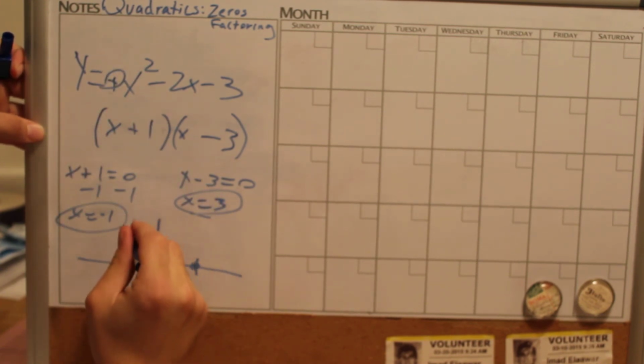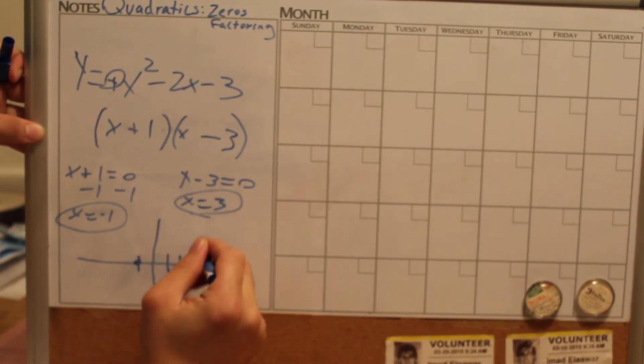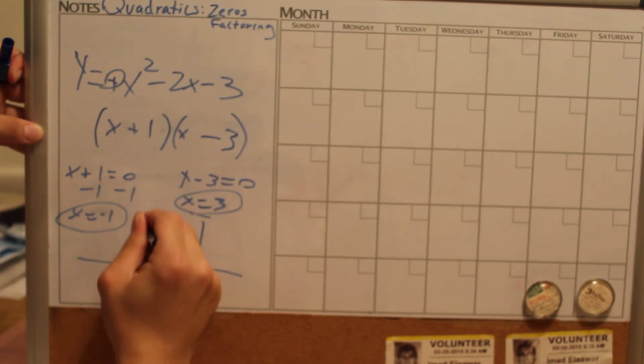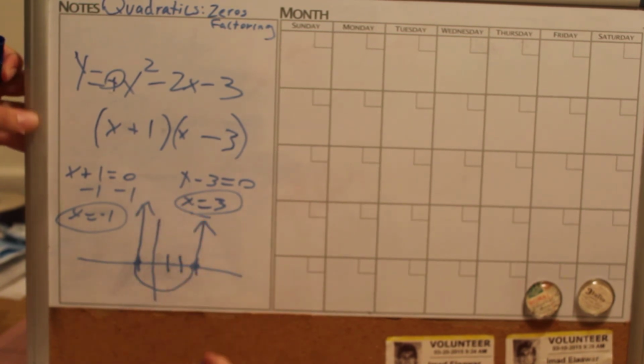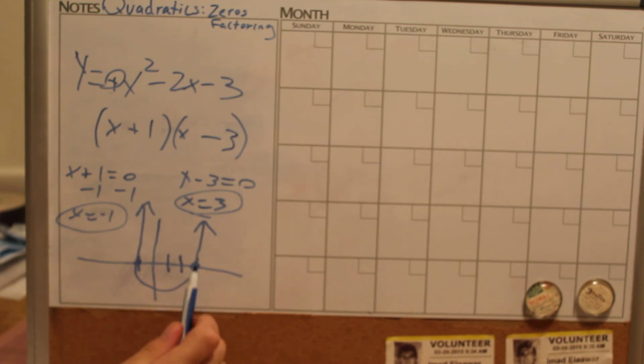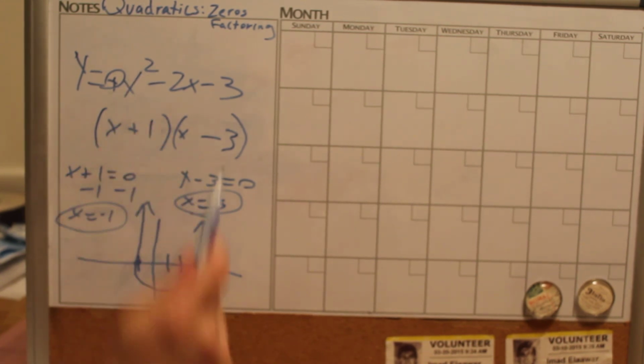And positives open upwards like this. And again, what this means is if you plug these numbers into this equation, it'll give you 0, which are the x-intercepts, or the roots, sometimes they're called. And that concludes quadratics zero factoring.